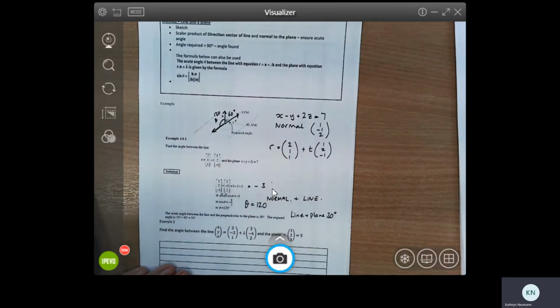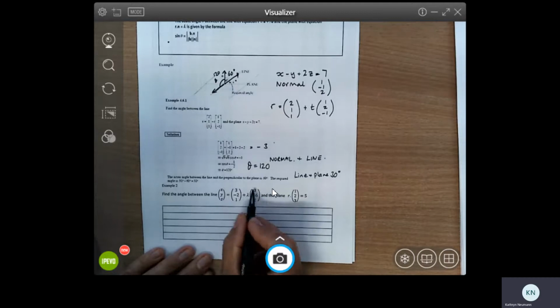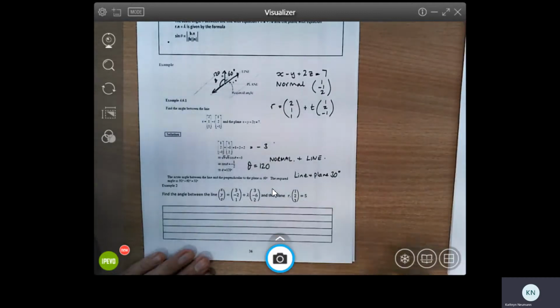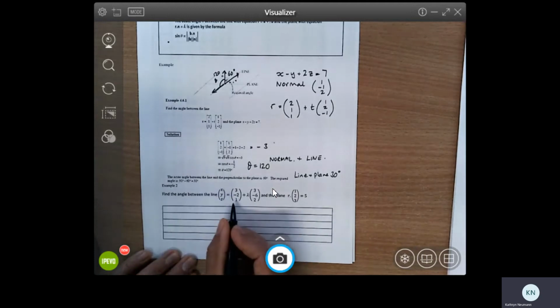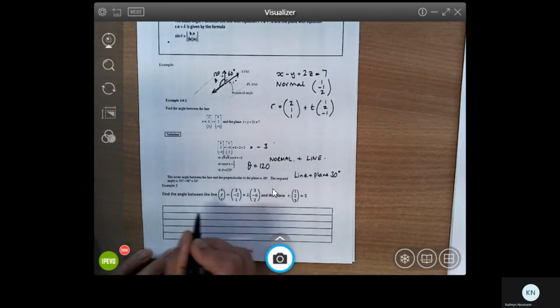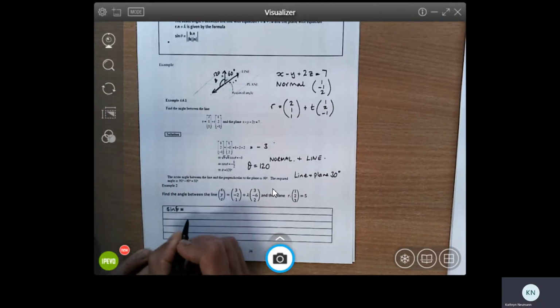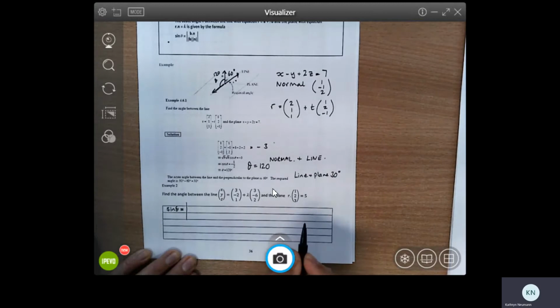So in the next example, it says find the angle between this line and this plane here. So what we're focusing on, we'll do it first of all using the formula. So using the formula, we're going to say that the sine of the angle that we want is equal to b dot n.